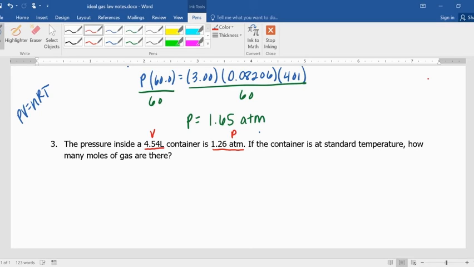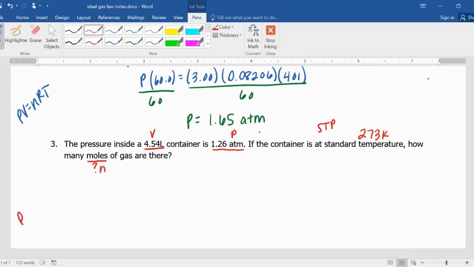And the container's at standard temperature. Ooh, we have to remember what that means. If you remember from our notes, STP was standard temperature and pressure, and our standard temperature was 273 Kelvin. That was from our very first set of notes in this unit. And it wants to know how many moles, and that's going to be our letter n.